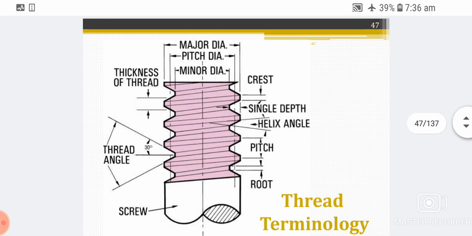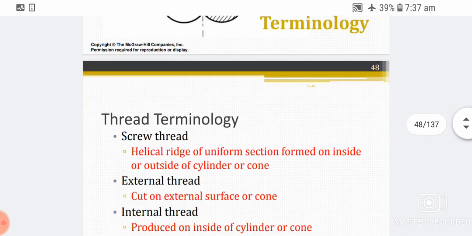Okay, thread terminology. The thread angle. The top portion is the thickness of the thread. In between the bottom and top is the crest.